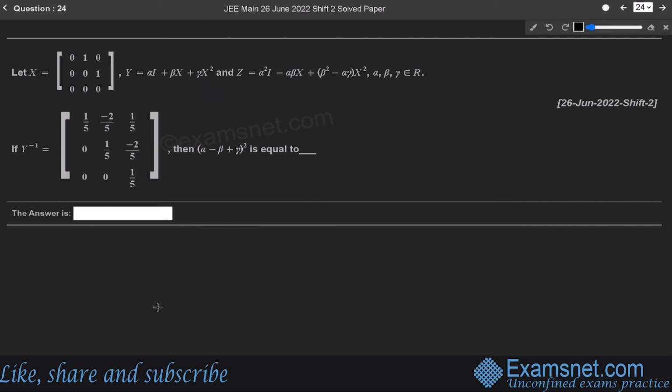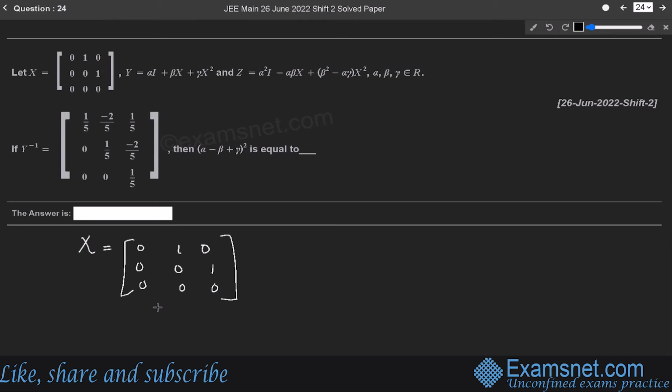Next question is, let X matrix is equal to [0, 1, 0; 0, 0, 1; 0, 0, 0], and Y is equal to alpha I plus beta into X plus gamma into X square, and Z is equal to alpha square into I minus alpha into beta into X plus (beta square minus alpha gamma) into X square, where alpha, beta and gamma belong to R. If Y inverse is a matrix which is given as [1 by 5, minus 2 by 5, 1 by 5; 0, 1 by 5, minus 2 by 5; 0, 0, 1 by 5], then (alpha minus beta plus gamma) whole square is equal to.